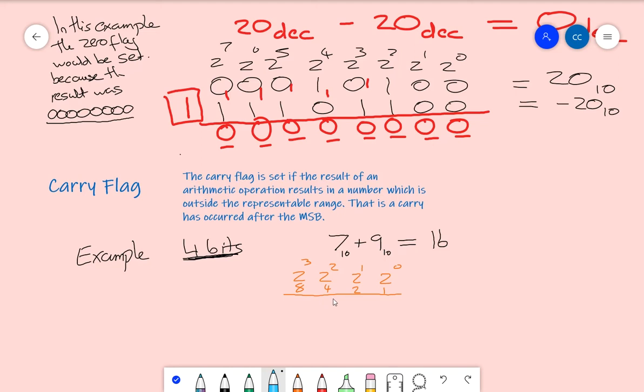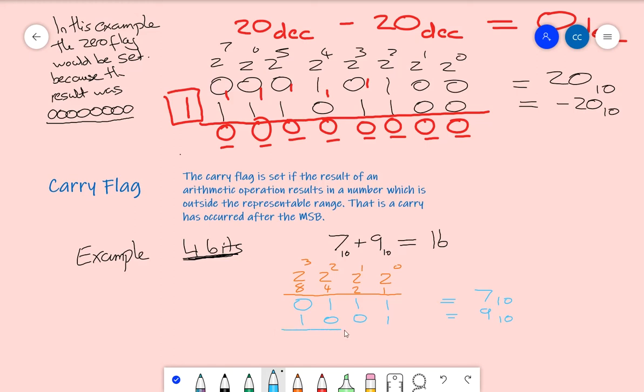Let's start with 7. So that's a 4, a 2 and a 1, so that's equivalent to decimal 7. And 9 would be an 8 and a 1. And that's a decimal 9.